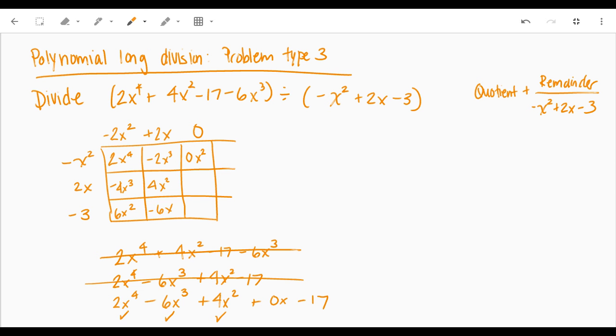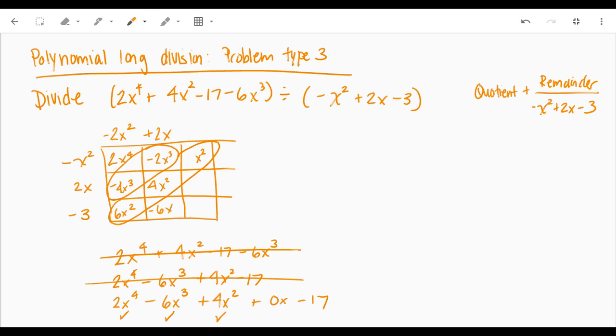Oh, I did mess it up. First time through, when I was doing my x cubes, I needed to look at these. Let me get the right color here. I'm doing my x squareds, so I need to look at this entire diagonal, all three of them. That entire diagonal is going to be my x squareds.